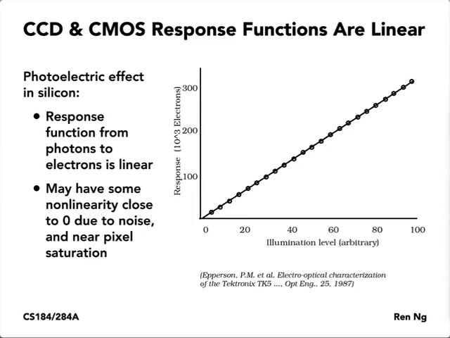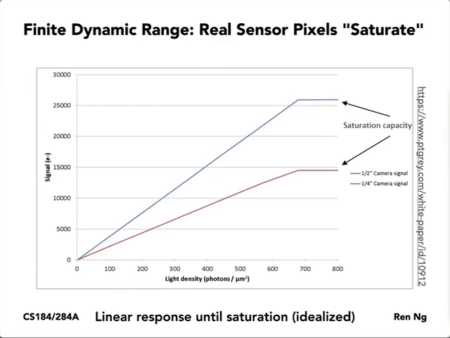But there may be some nonlinearity, which is very significant to consider engineering-wise, close to 0 pixel value and near the pixel saturation value, okay? So those are some issues that we're going to talk about, those really important engineering details. But in the typical usage range of that pixel between saturation, max value, and 0, very low light, in the middle, it's very linear, which is great news.